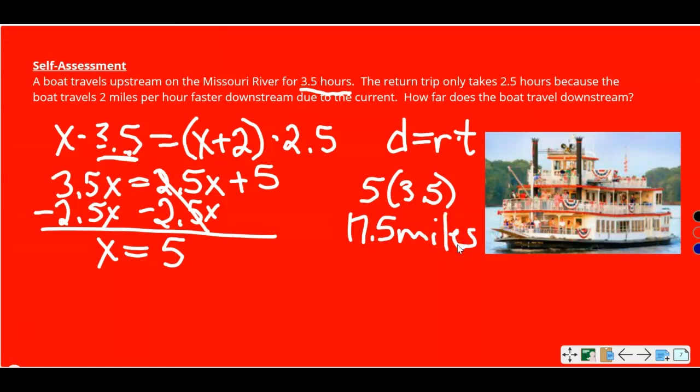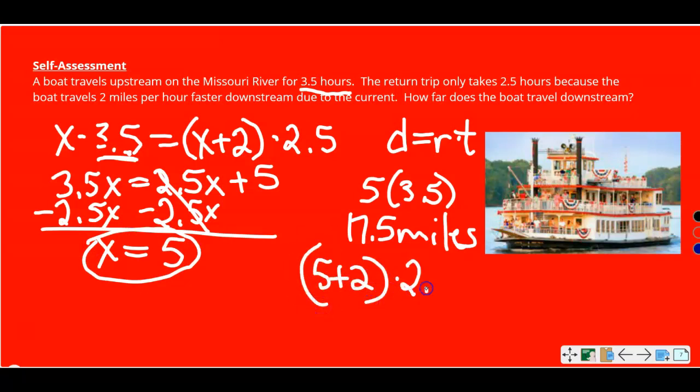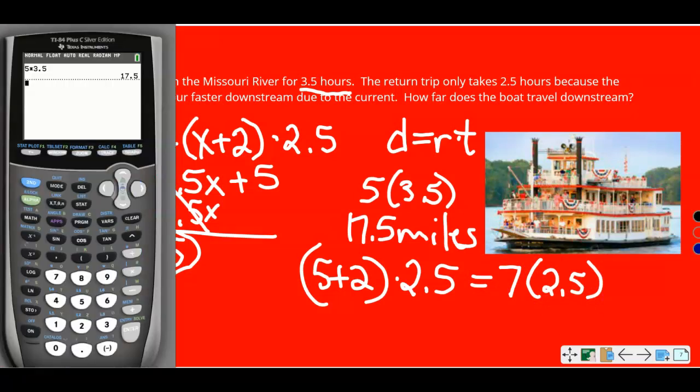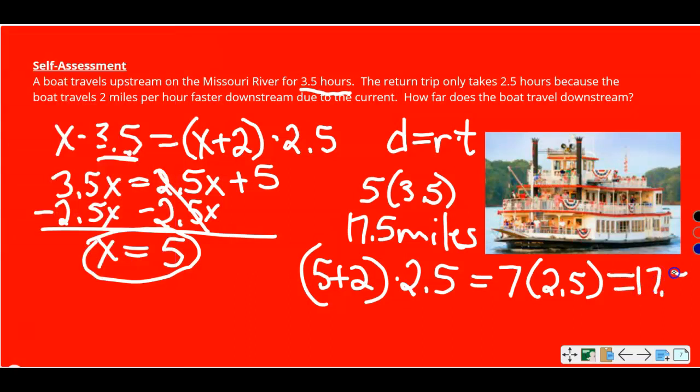Now, remember x times 3.5 was the boat traveling upstream. This time it says, how far does the boat travel downstream? If you remember, we set upstream equal to downstream, so this should be the same amount. Let's check it. X is 5, so 5 plus 2 is 7, times 2.5 is 17.5.